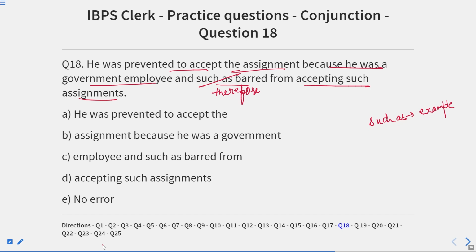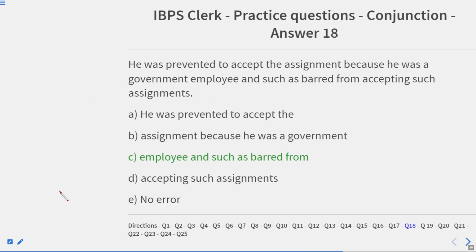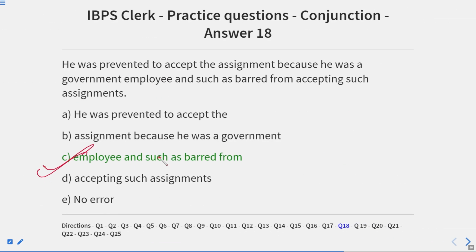So therefore is the suitable word over here. The error is in part C, where such as should be replaced with therefore, and the correct sentence will be, he was prevented to accept the assignment because he was a government employee and therefore barred from accepting such assignments.